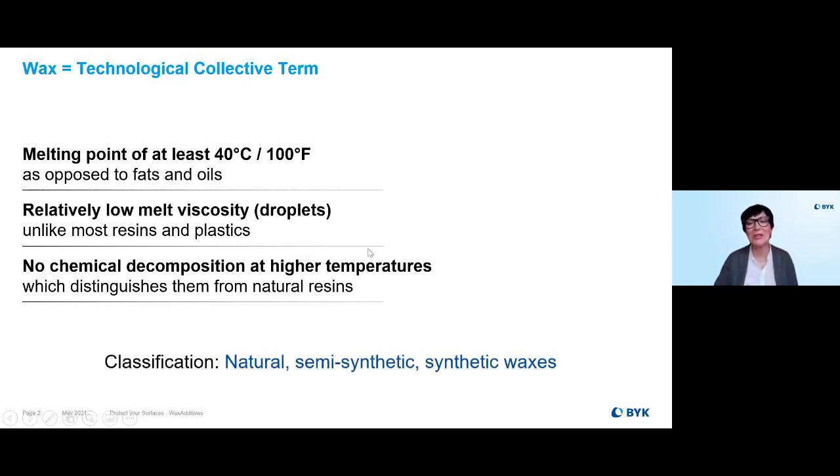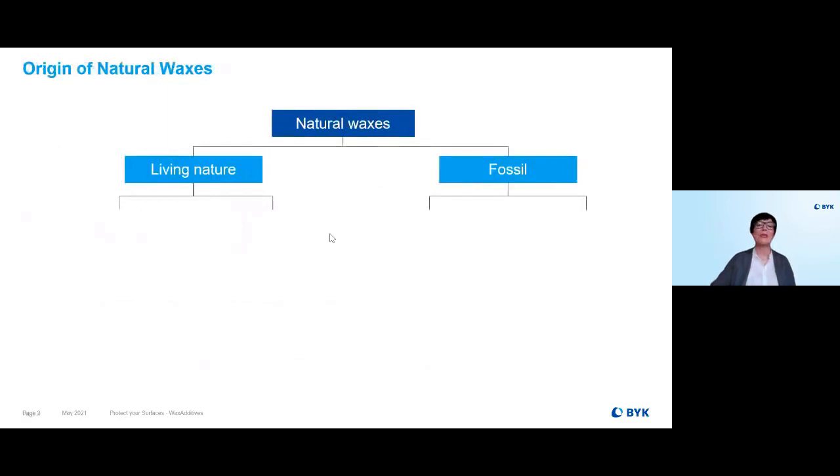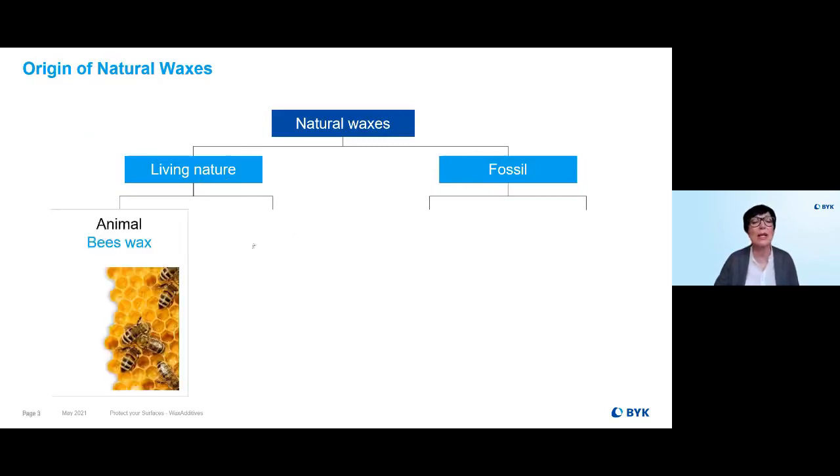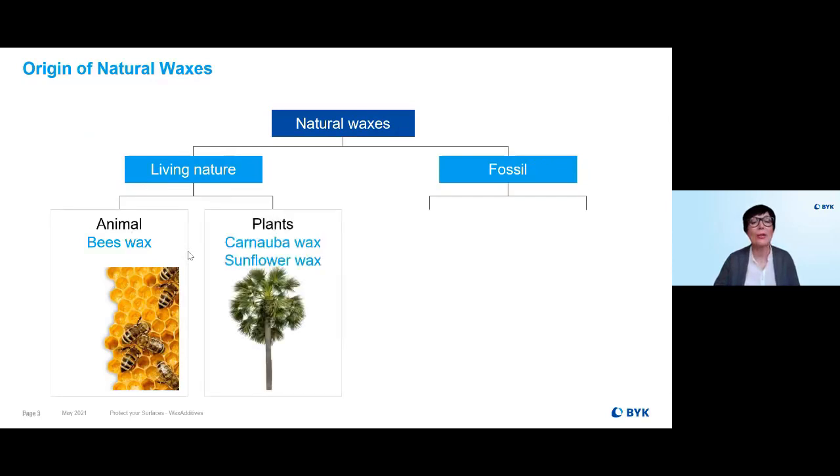Going further, natural waxes are defined in living nature and fossil waxes. On one hand, we have the animal waxes, pretty well known as beeswax, and on the other hand, we have the plant waxes, the carnauba wax.